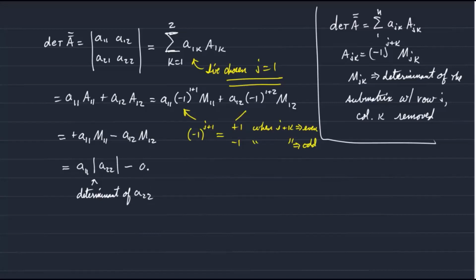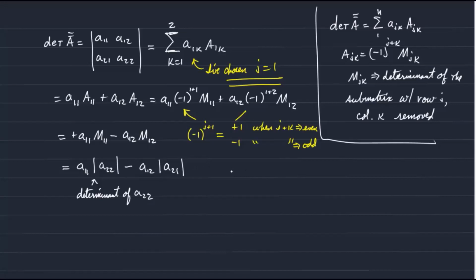And then we have A12 times the determinant of the submatrix when row 1 and column 2 is removed. So that leaves A21. So again, we strike out the first row and the second column, and then what's left is the determinant of A21.